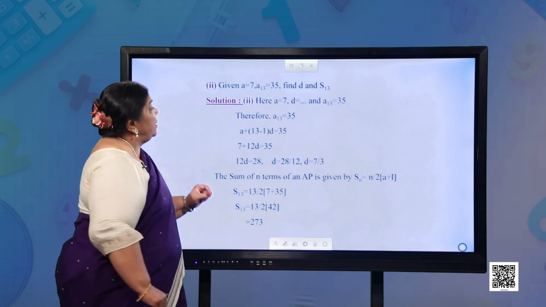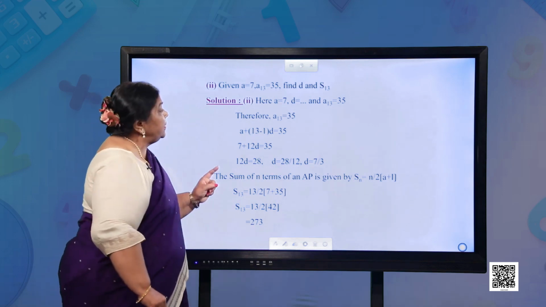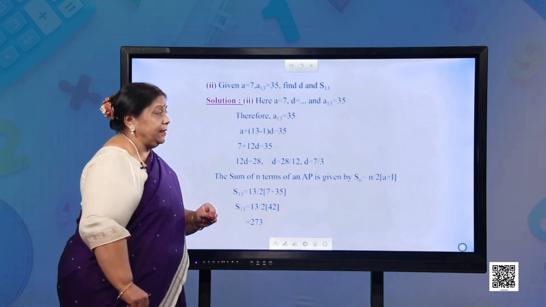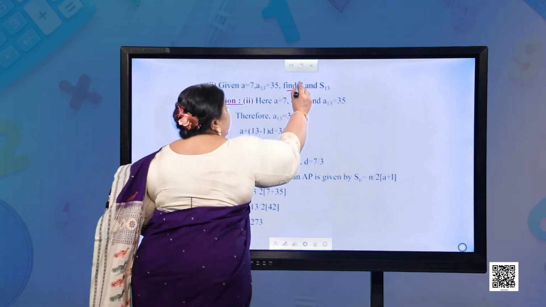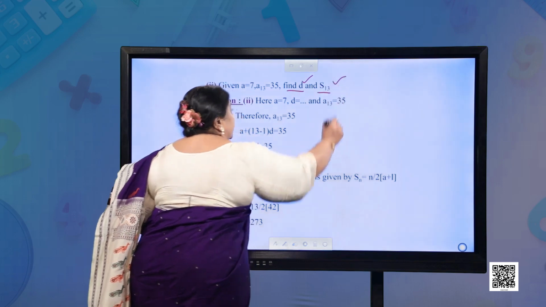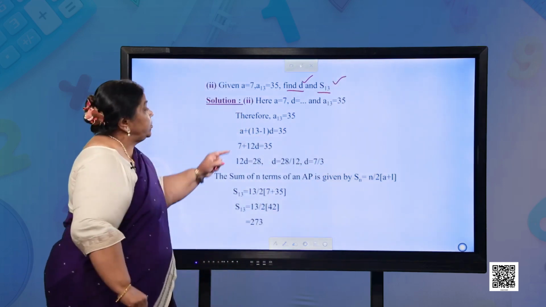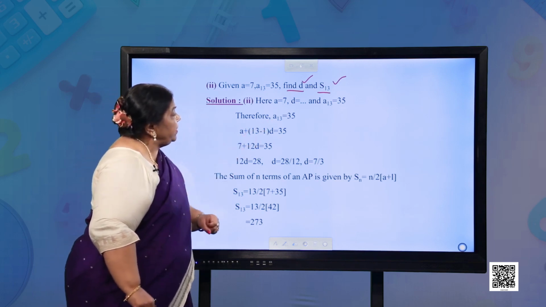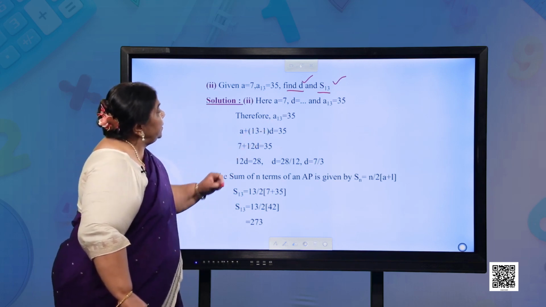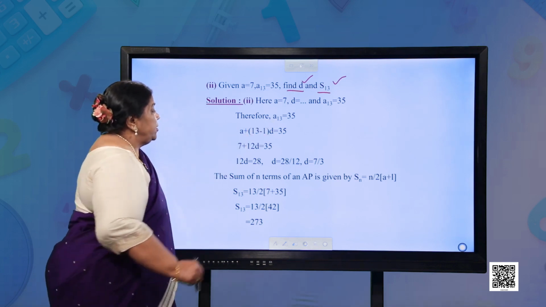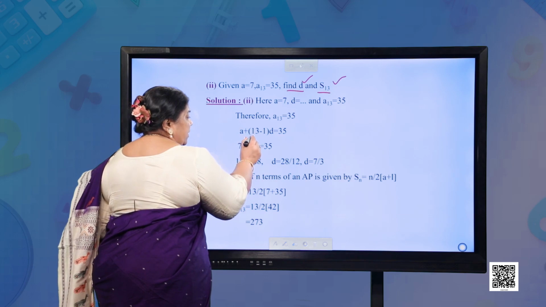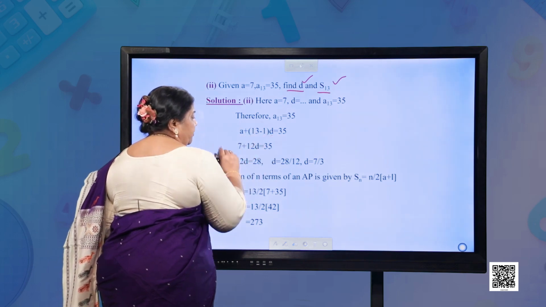Here we are given A is equal to 7, A13 is equal to 35, find D and S13. That means I have to find the common difference and sum of 13 terms. So, A is 7 and D is to be calculated and A13 given to us is 35. So, A13 is 35 means A plus 13 minus 1 into D is equal to 35.